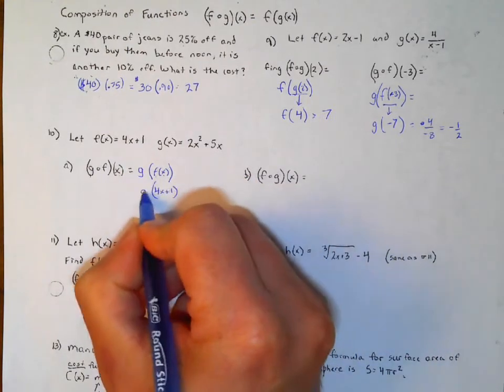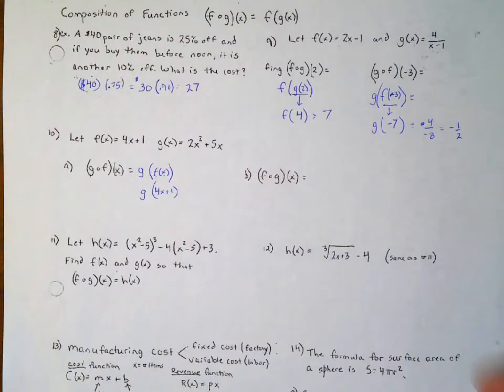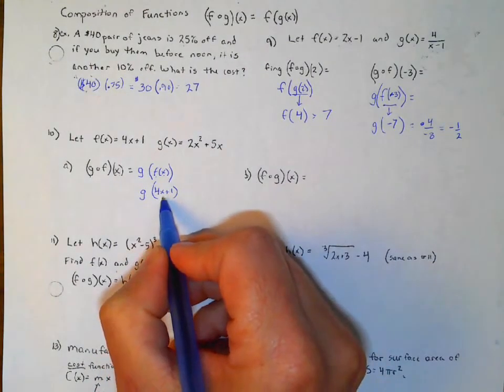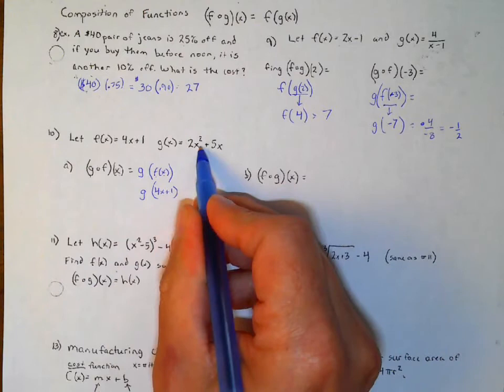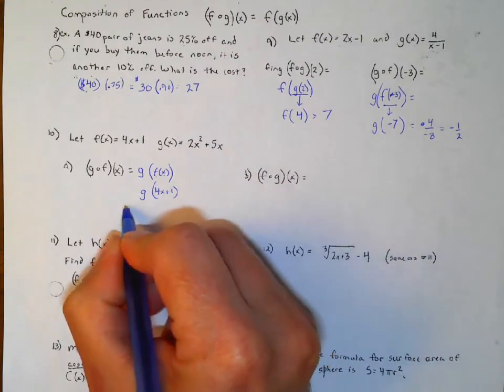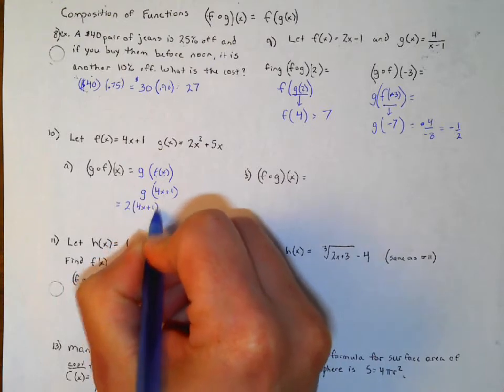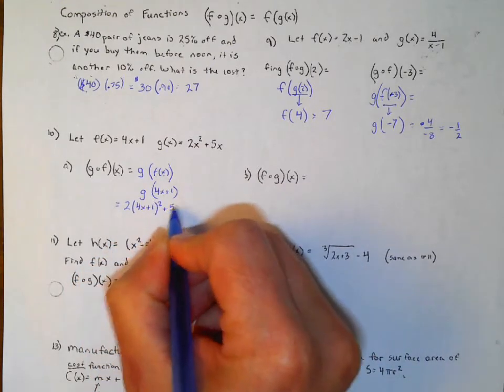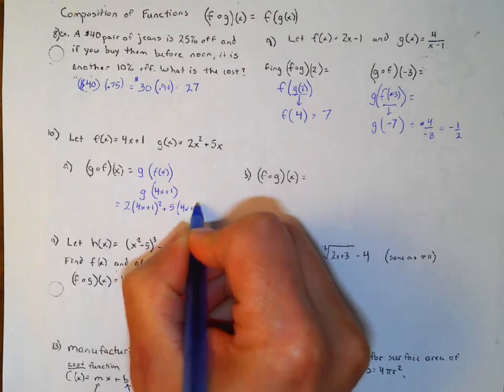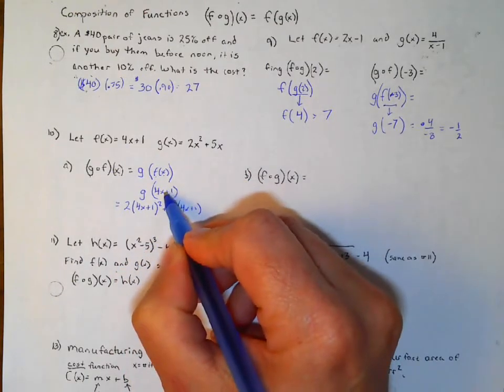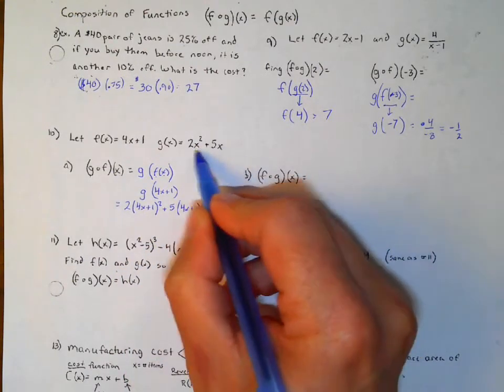And we're finding g of that. Now, to find g of that number, we have to plug it into the g function. So that comes up to be 2 times (4x plus 1) squared plus 5 times (4x plus 1). So we're just taking that f function and plugging it into the g function here.